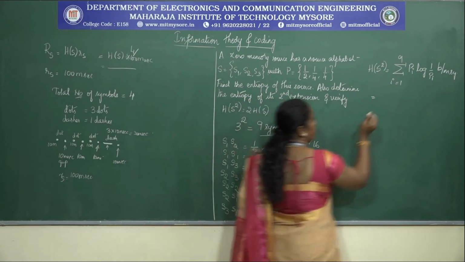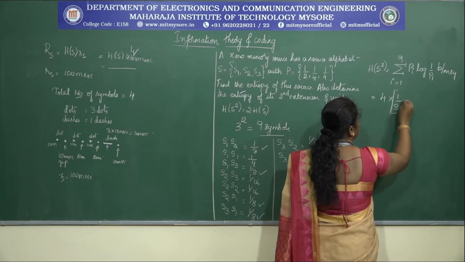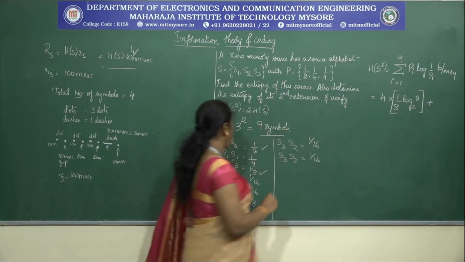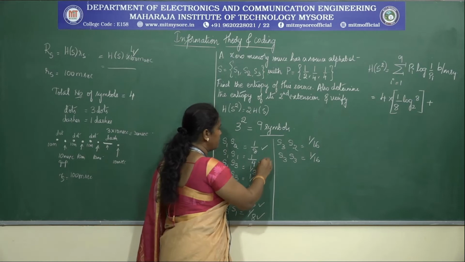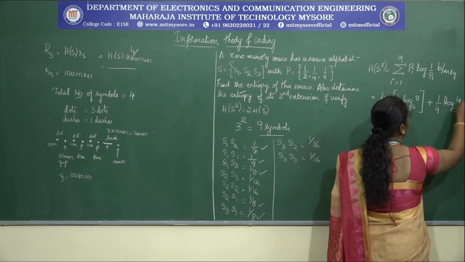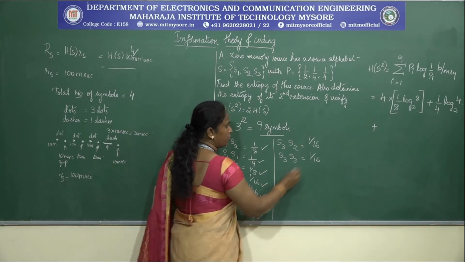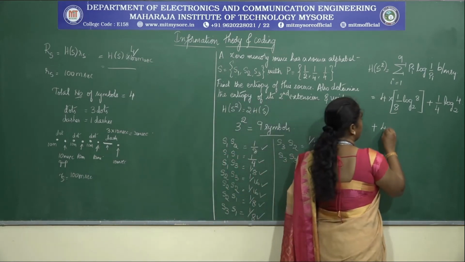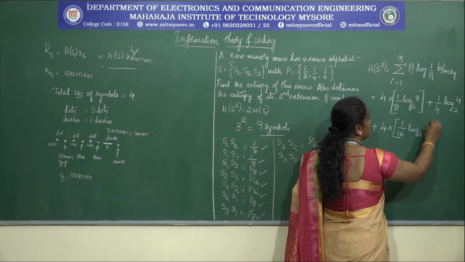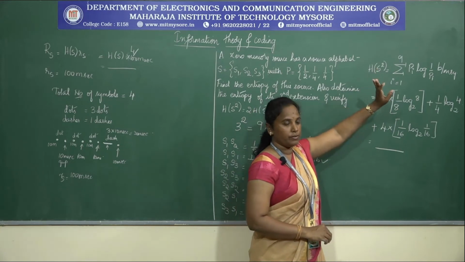So I can consider 4 into 1 by 8 log base 2 of 8, plus I have 1 by 4 only once, so 1 by 4 log base 2 of 4, plus we have 1 by 16, 1, 2, 3, 4, so 4 into 1 by 16 log base 2 of 1 by 16. Now if you find this value, you will get your H of S square.